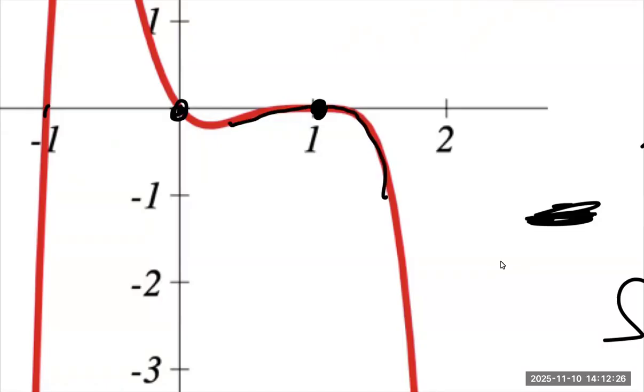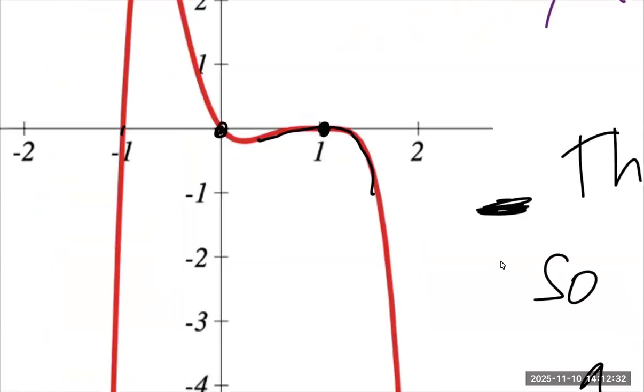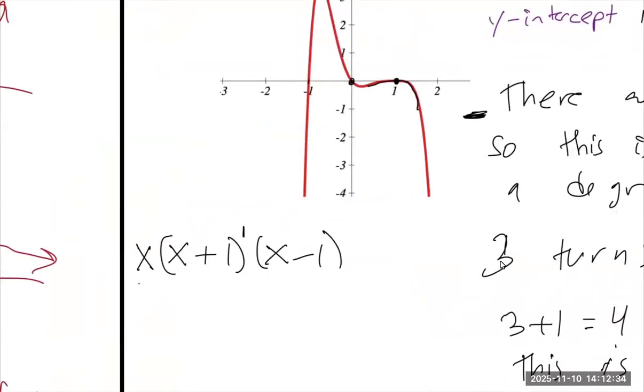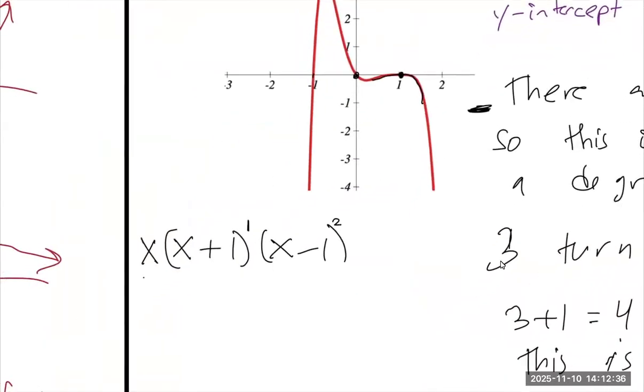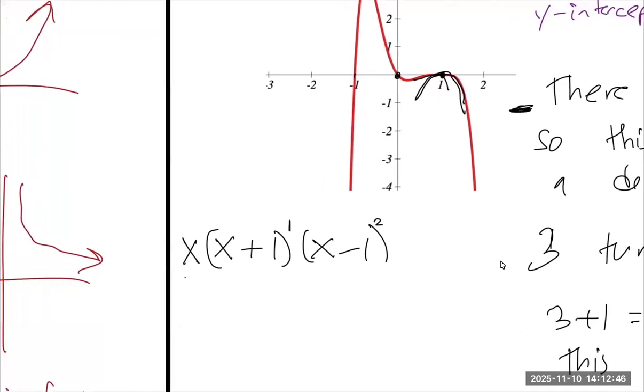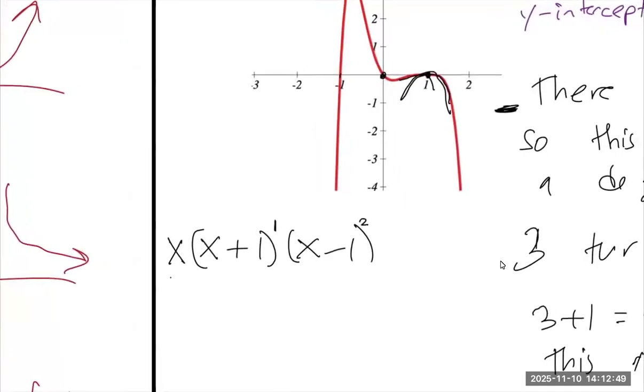So it's bouncing. It hits there and it bounces back up. So because of that, I'm thinking that it's maybe possibly a square because it kind of looks parabola-ish around that x equals 1 intercept. So I would call that it probably has a square on that factor.